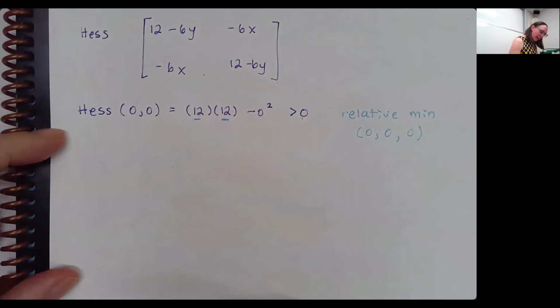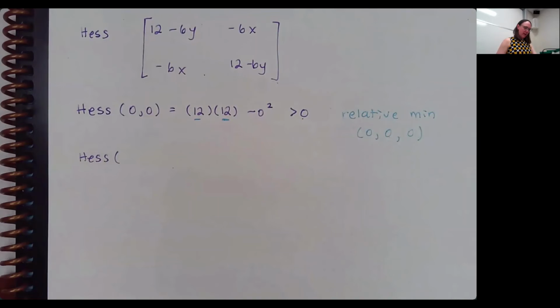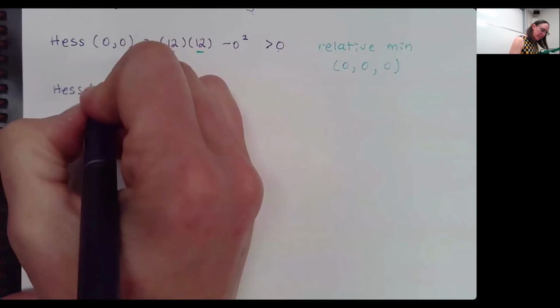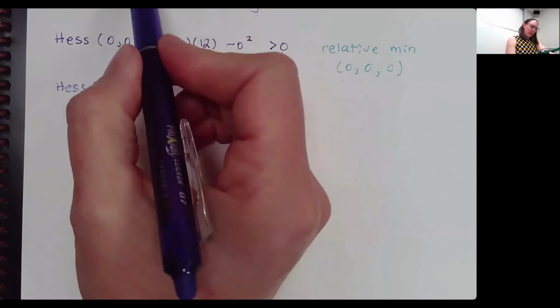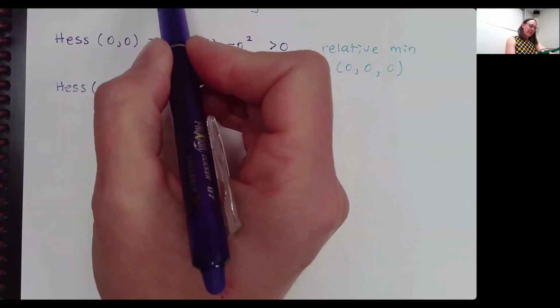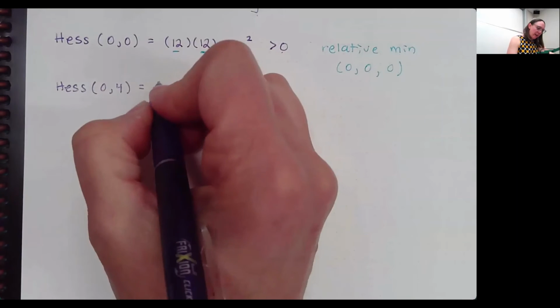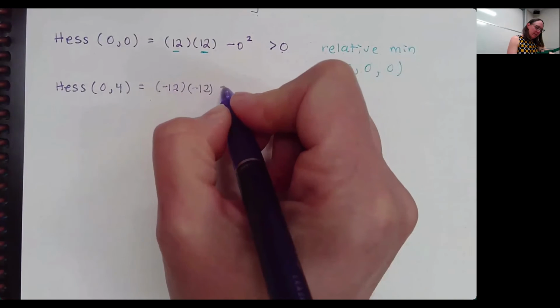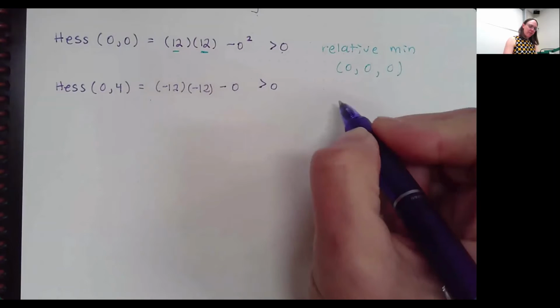If we look at the Hessian at, where are my other points? So (0, 4). When I plug in 4, 6 times 4 is 24. So 12 minus 24, I would have negative 12 times another negative 12 minus 0, because my x is still 0. This is positive.